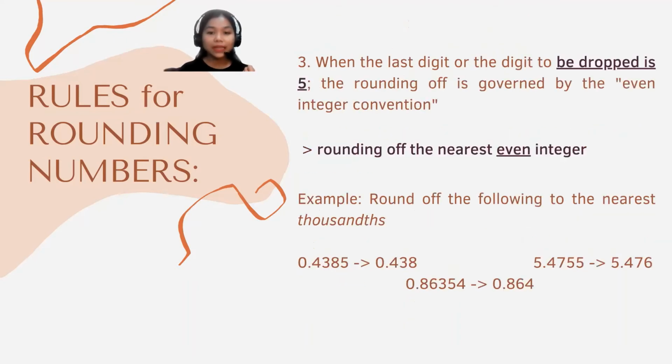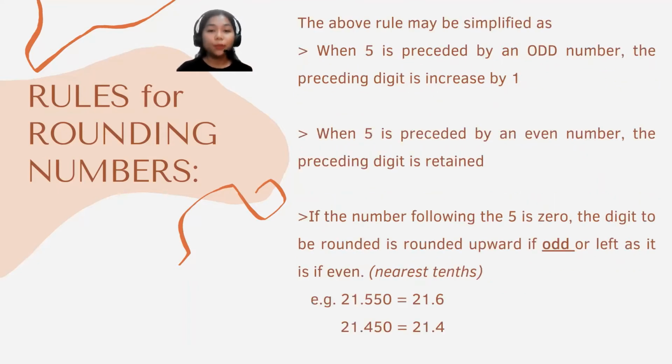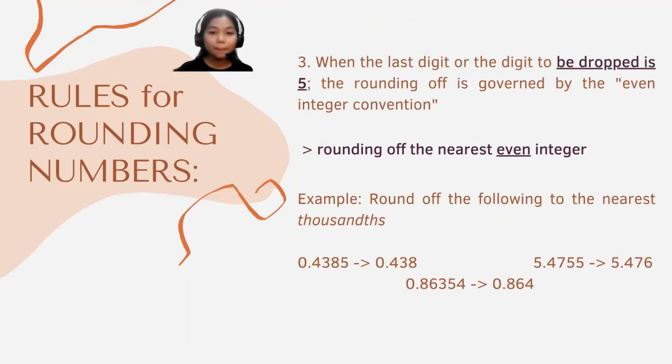Going back to this example, 0.86354 became 0.864, right? And then when 5 is preceded by an even number, the preceding digit is retained. So going back again to this example, 0.4385, 8 is an even number, and beside 8 is 5.